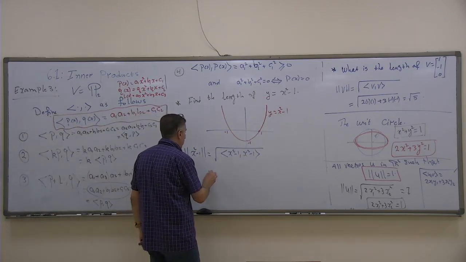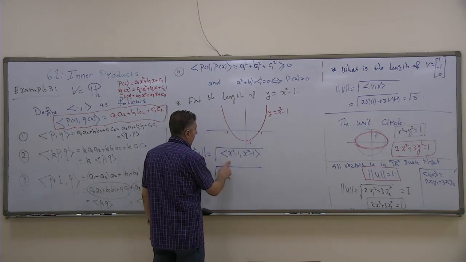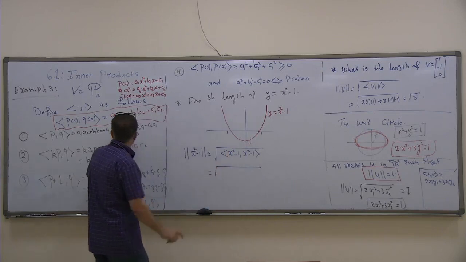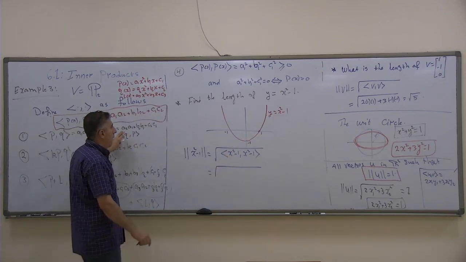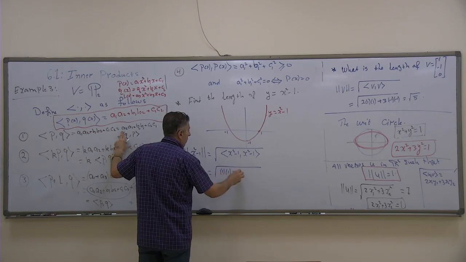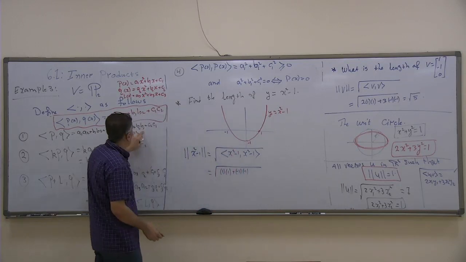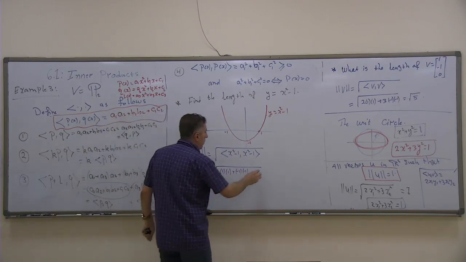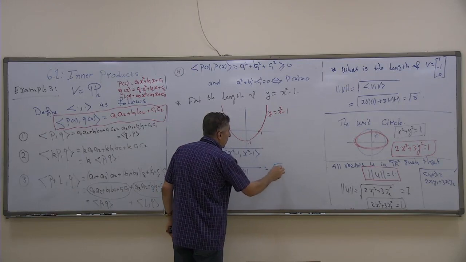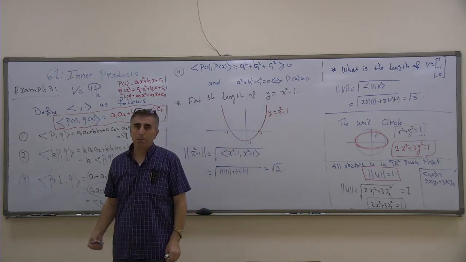This is going to be the square root of, okay, let's apply this, A1 A2. So that is going to be 1 times 1 plus negative 1 times negative 1. Well, the middle term you get 0 here, and here negative 1 times negative 1, so this is the square root of 2. So the length of this polynomial is the square root of 2.